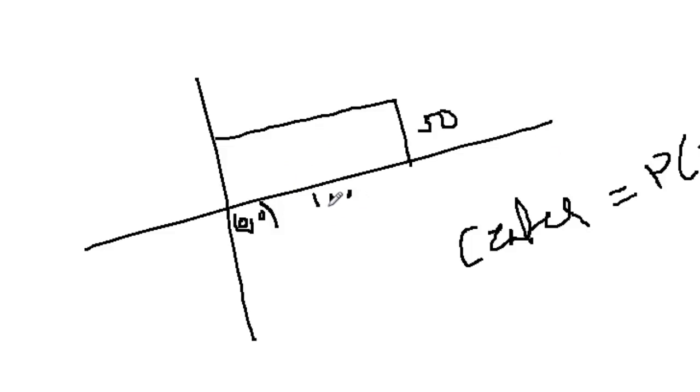Now the center of this will be 100 by 2, that is 50. 50 by 2 is 25. So this point I have to return. Since it is originating from origin, it doesn't make a difference. Suppose instead of origin it was originating at 5, 3, then it would be 5 plus 100 by 2. Similarly 3 plus 50 by 2.